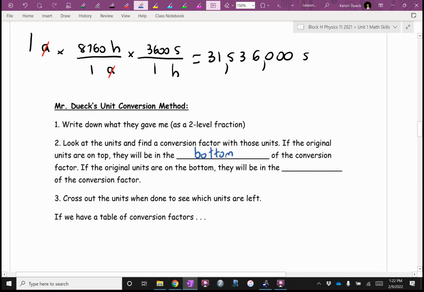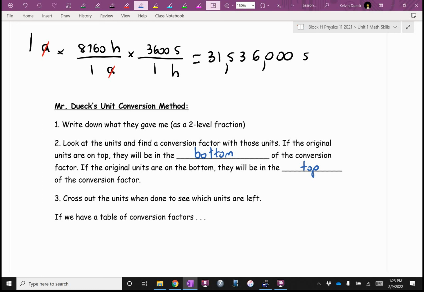If the original units are on the bottom, they're going to be on the top of the conversion factor to cancel out. As you go along, cross out the units so that you can see which units are left behind. And if you've done it right, then you've got a built-in error check. It should tell you whether you've done it right or not.